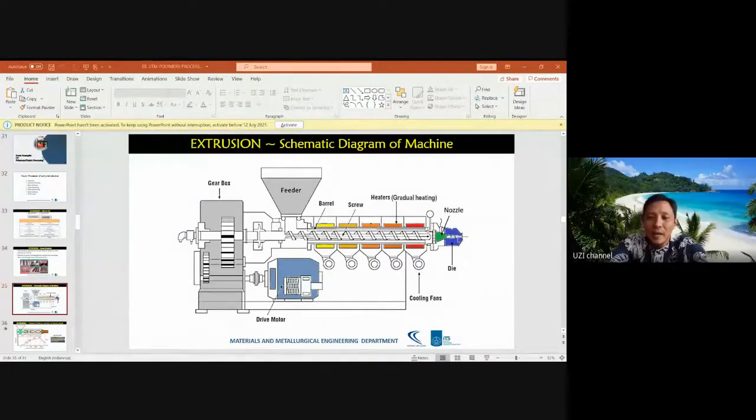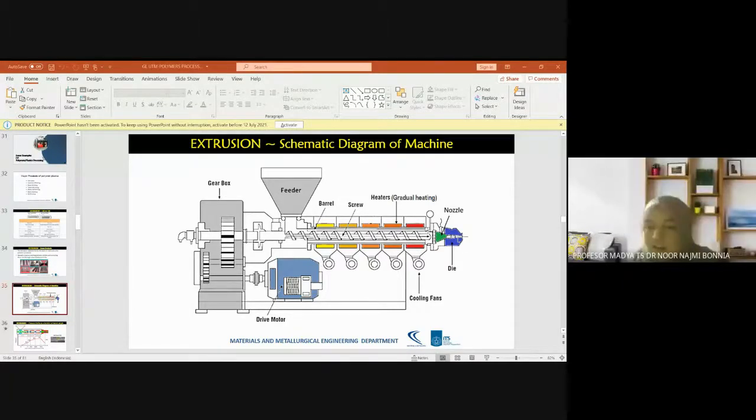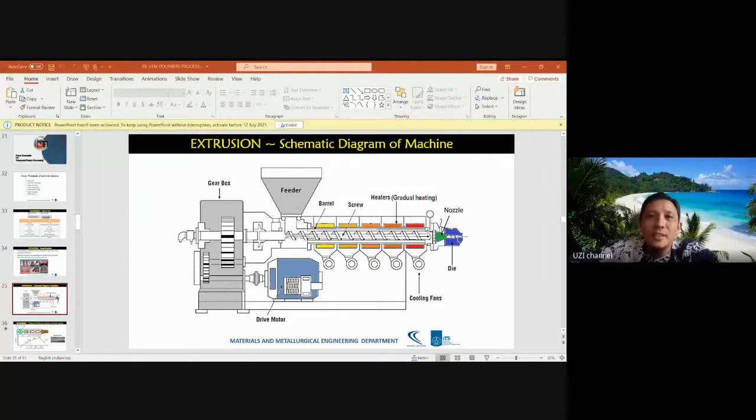But biopolymer means the polymer can be adapted, mixed within our body, from natural resources. Okay, that is the difference.